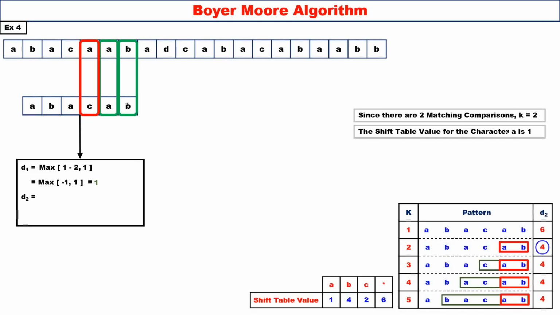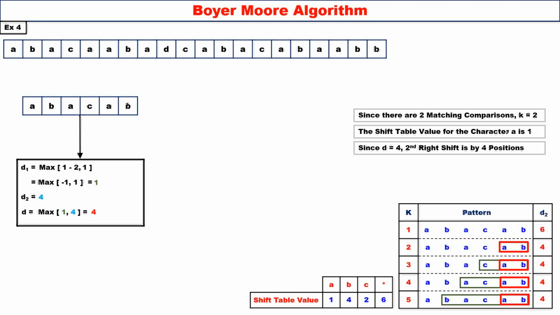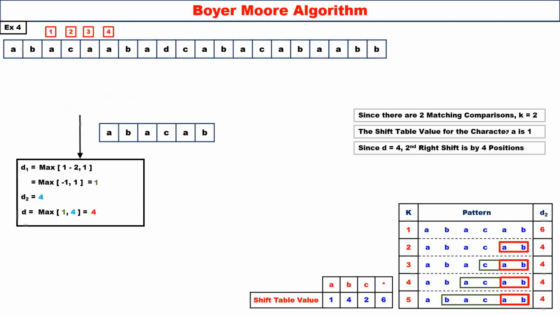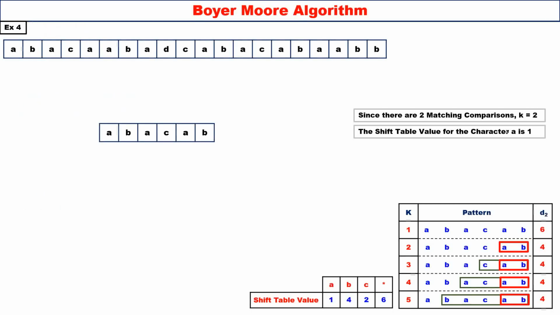Minus 1, 1. It is 1. So what is D2? K is equal to 2. Therefore, D2 value in the table is 4. So what is the maximum of 1 and 4? 4. Therefore, since D is equal to 4, second right shift is by 4 positions. 1, 2, 3, 4. Yes. It is by 4 positions.